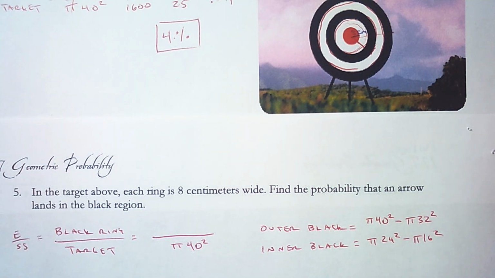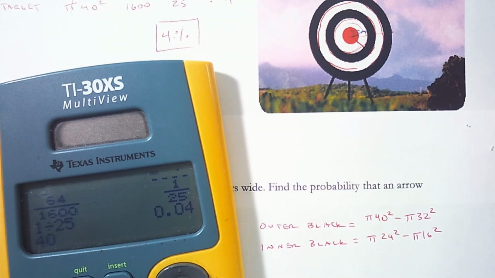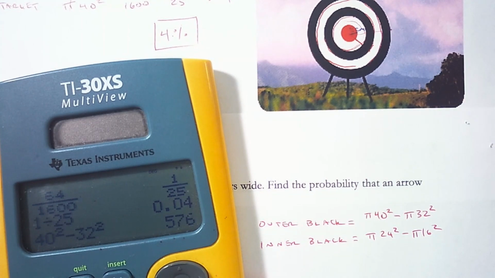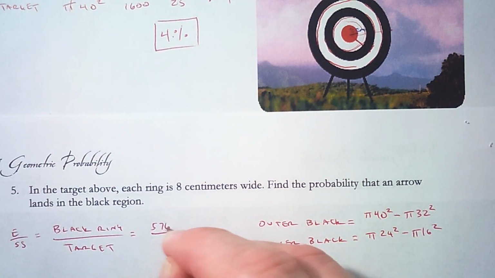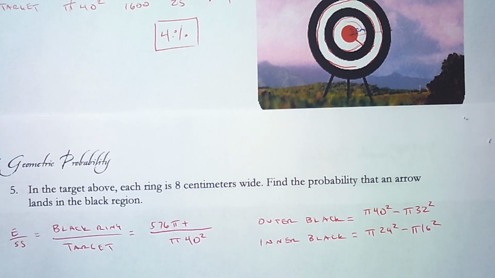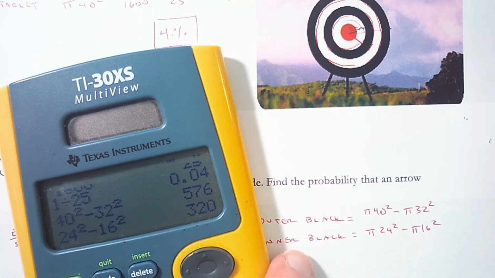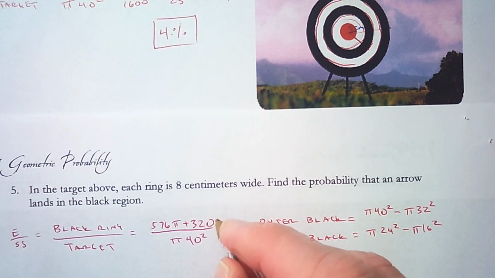Okay, so let's do 40 squared minus 32 squared. 40 squared minus 32 squared is 576. So for this outer black ring, I have 576 pi. Plus, then for the inner black ring, 24 squared minus 16 squared is 320. So I have 320 pi.